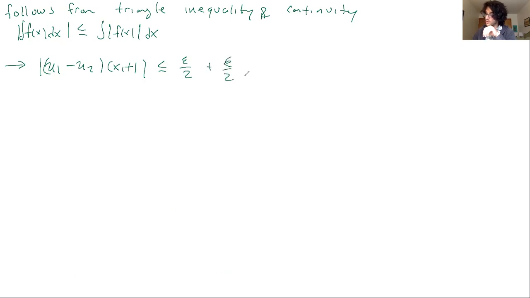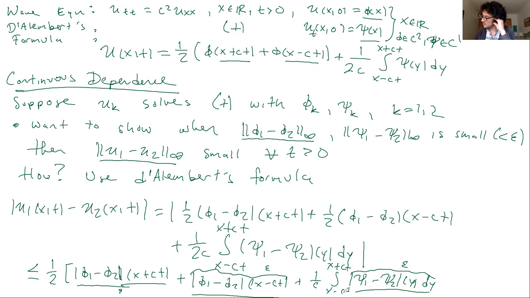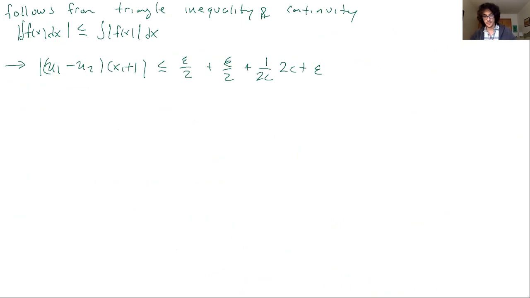So we have epsilon over 2 plus epsilon over 2, plus 1 over 2c times 2ct epsilon, because the limits of this go from x minus ct up to x plus ct, so that difference will be 2ct. And so this is just equal to (1 plus t) epsilon, okay?